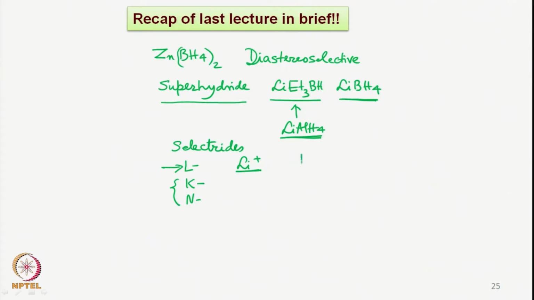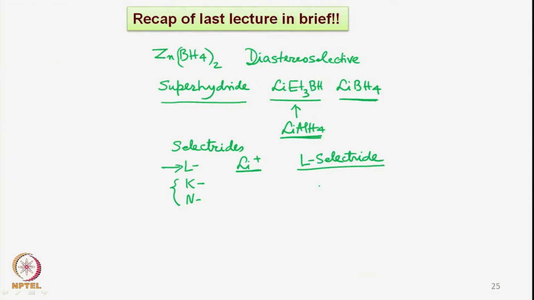Therefore L selectride is a reducing agent of choice, in which we have the secondary butyl group as a bulky substituent on the lithium borohydride based reducing agent, and therefore it was obviously a choice for reductions in which high diastereoselectivity is expected, and we saw some examples.